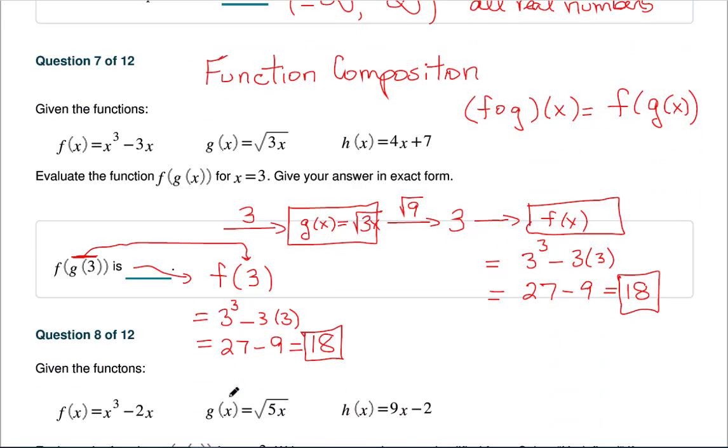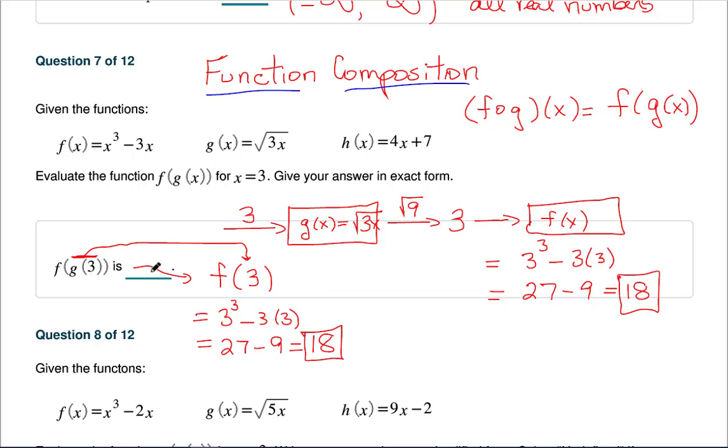Now in question 7 we get something new, which is called function composition. It looks like f circle g of x, which is f of g of x. So what they want us to find is f of g of 3.